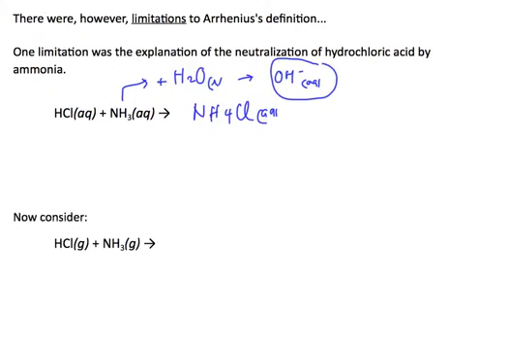And so if we look at this reaction, we also get ammonium chloride, and that happens to be a solid. And there's no way to explain that, because since the HCl and the ammonia are both in the gas phase, there is no solution. So if there's no solution, there's no reaction with water to produce hydroxide ion that allows for the neutralization process. So that was one of the shortcomings, this seeming anomaly in the behavior of ammonia and other things like ammonia that didn't contain hydroxide. So the explanation of bases was a little tricky.